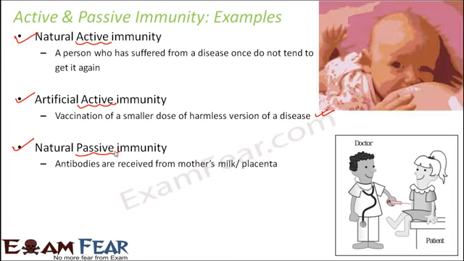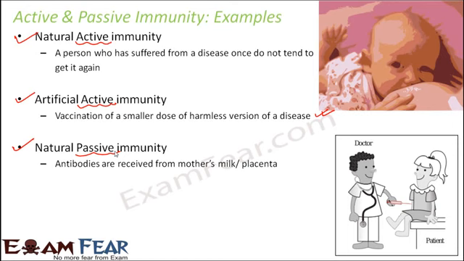One best example is the antibodies which are received from mother's milk or placenta. Now the newborn baby feeds on the mother's milk, and the initial mother's milk especially is very much rich in antibodies. So when the baby feeds on the milk, the antibodies are received along with the mother's milk.